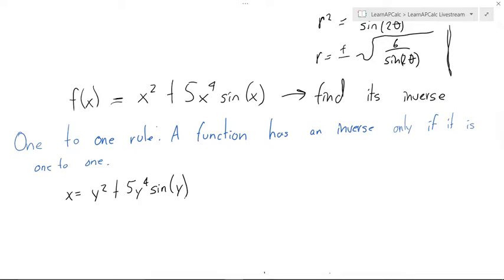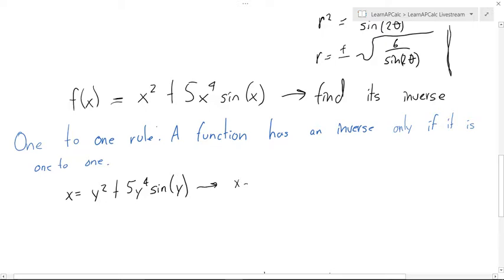And here it's not really simple to solve this for y. If I start factoring out y's, I'm going to end up with something sort of strange, and this is never going to be converted to y equals. So let's do it another way.